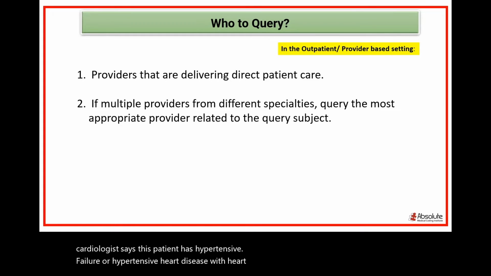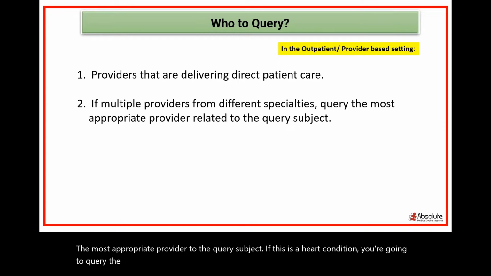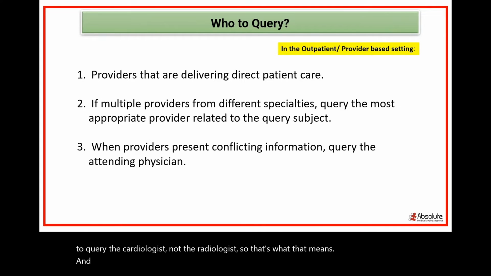Then you're going to query the most appropriate provider to the query subject. If this is a heart condition, you're going to query the cardiologist, not the radiologist. So that's what that means. And finally, when providers present conflicting information, then you are going to query the attending physician.